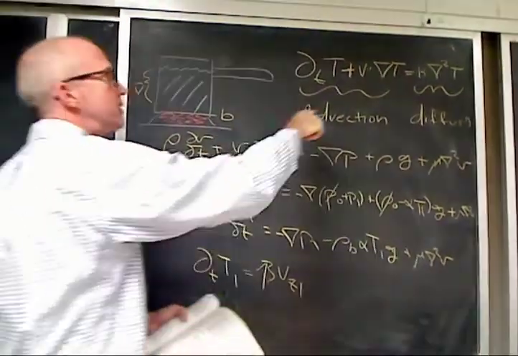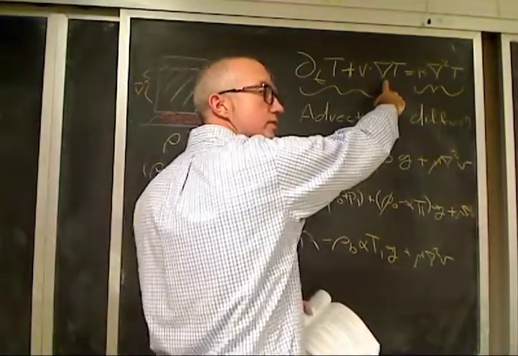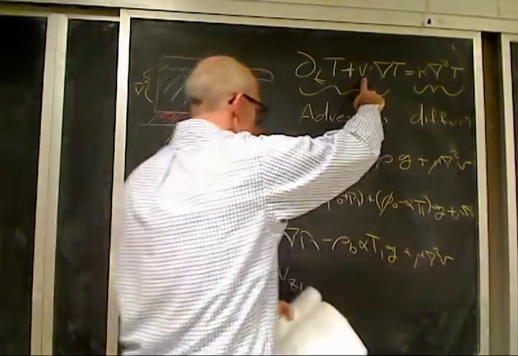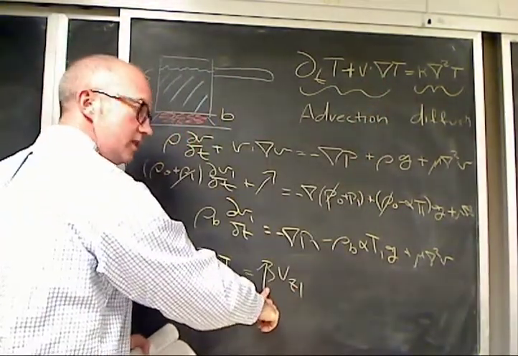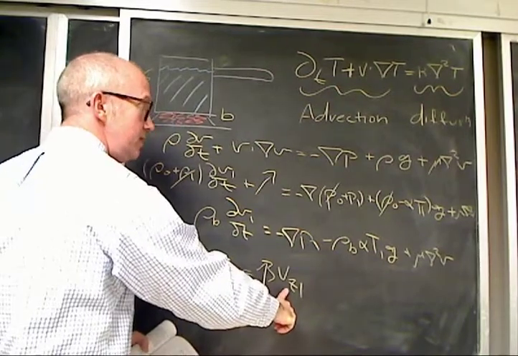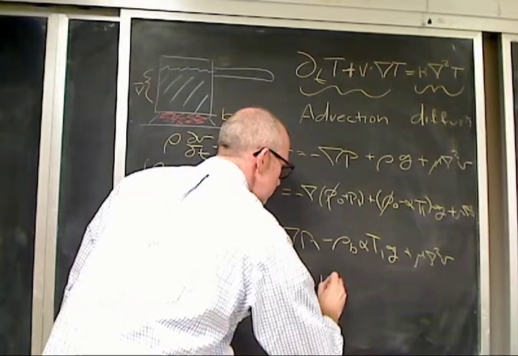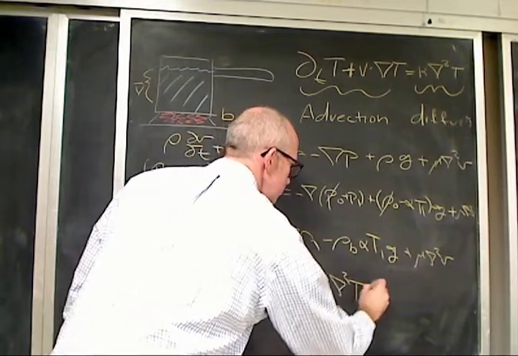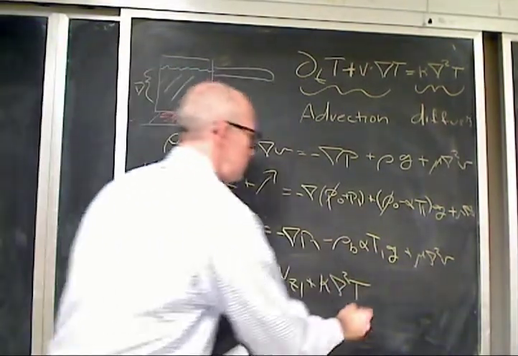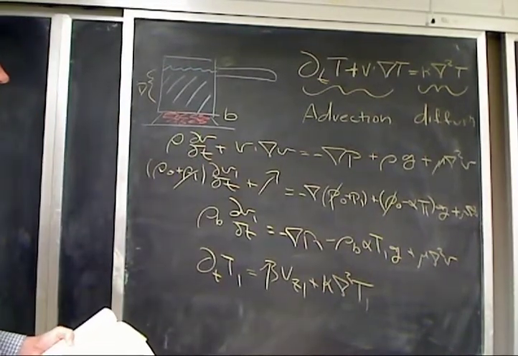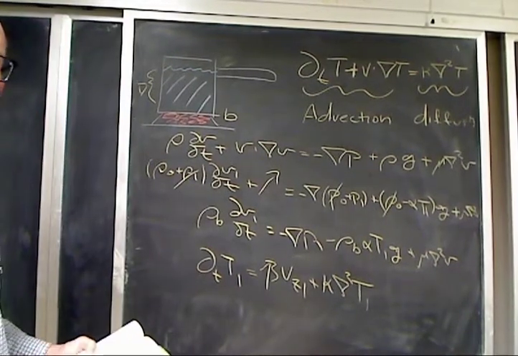Remember, temperature is linear, so the derivative is just the coefficient in front of the line, and v is v. So we're left with just beta. This is just the temperature derivative times vz, plus a diffusion kappa del squared T. Okay, is everybody on board?